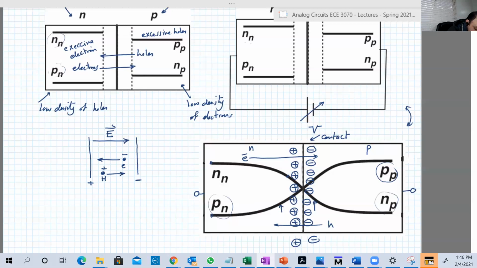Now let's see the original motion of electrons and holes. Holes originally move from P to N in that way. Let's draw them with another color. And the electrons originally move from N to P in that way. So basically now we have two currents. Number one, we have diffusion current.